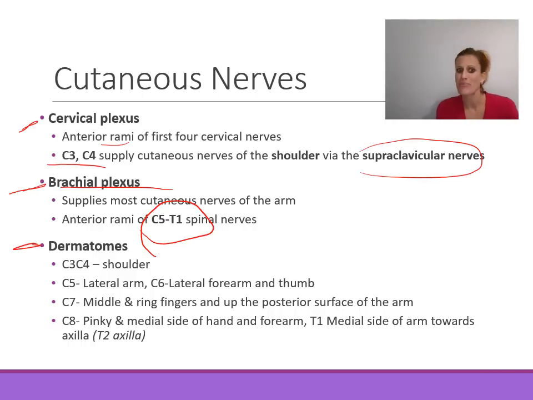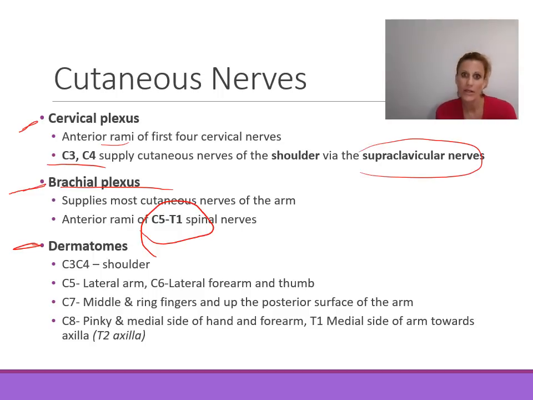Now, there are a couple different dermatome maps, and the two dermatome maps are not the exact same. And it's important to remember that the borders between dermatomes are not concrete. There's some overlap involved, there's some variance involved, but the dermatome map gives us a general idea of which nerve is going to be relaying cutaneous sensations from which area.